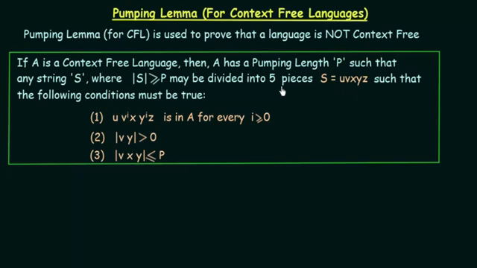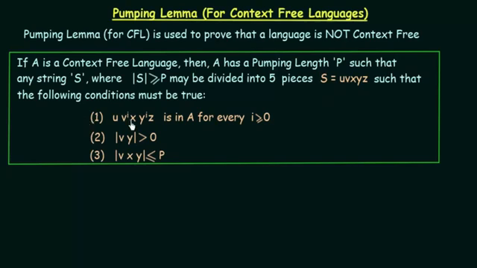If you remember, when we studied the pumping lemma for regular languages, we divided the string into 3 pieces. But in this pumping lemma for context-free language, we will divide the string into 5 pieces, U, V, X, Y, and Z, such that the following conditions must be true. If you divide it into 5 pieces like this, these 3 conditions must be true. And what are they?